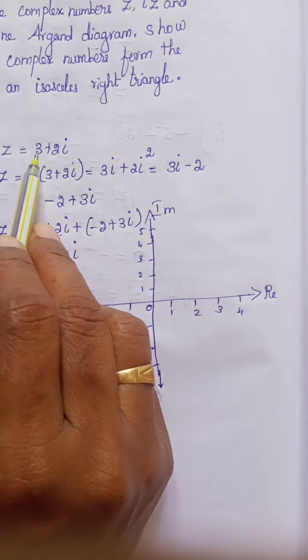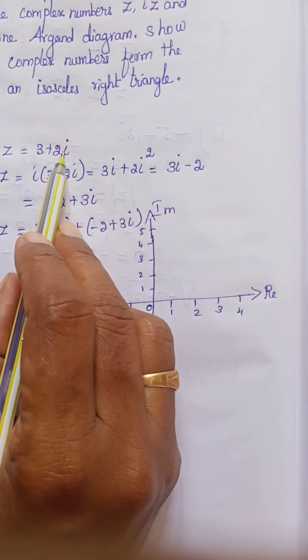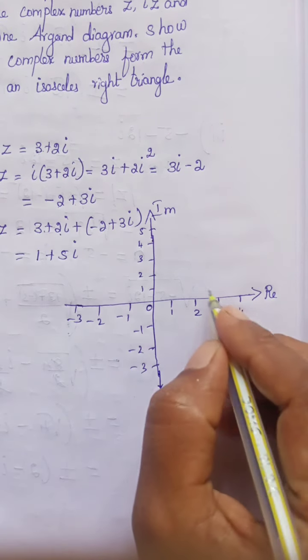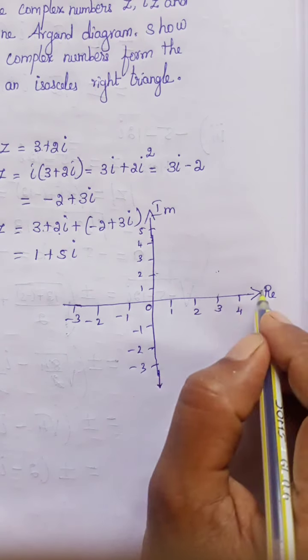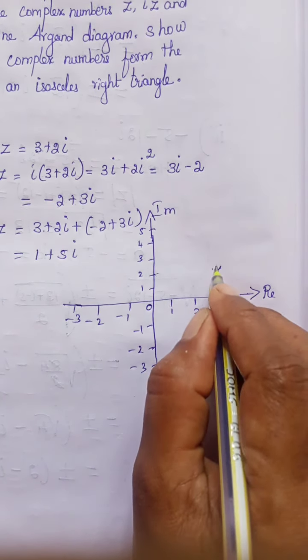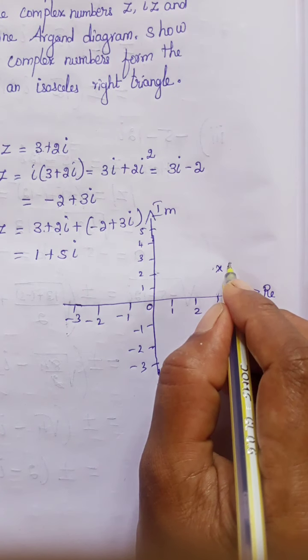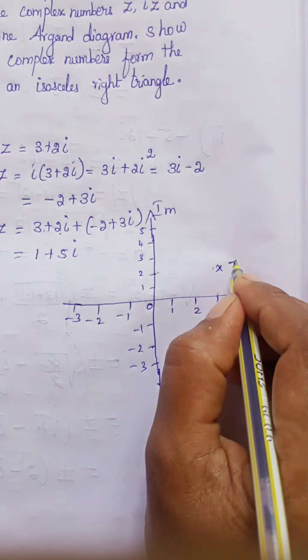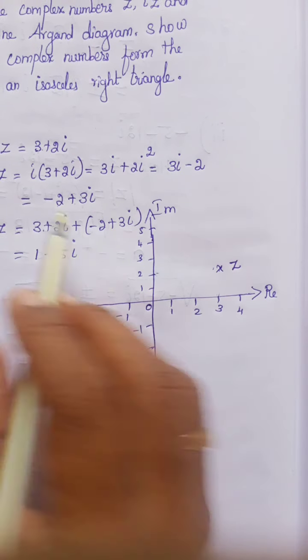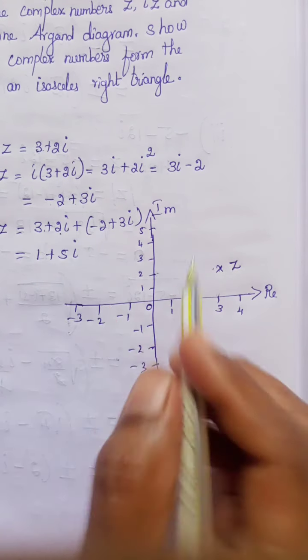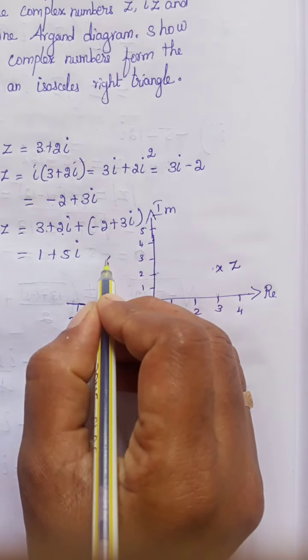Now shall we mark it? This is 3 plus 2i, which means 3 comma 2. Isn't it? Already we have drawn. See, exactly this real part 3 and imaginary part 2. Actually this is Z. Then iZ is minus 2 and 3. Minus 2 and 3.